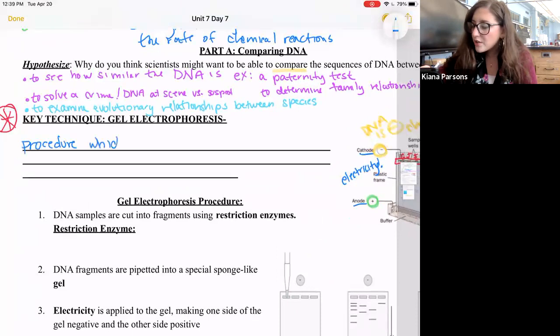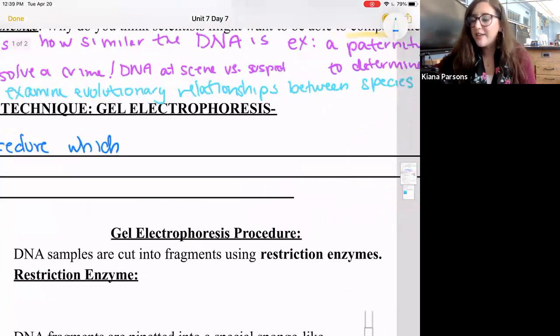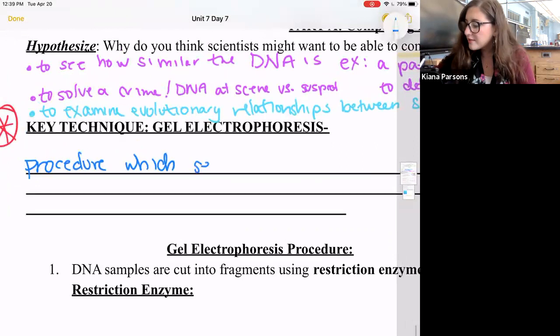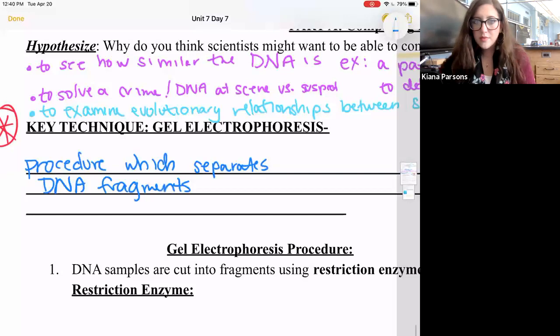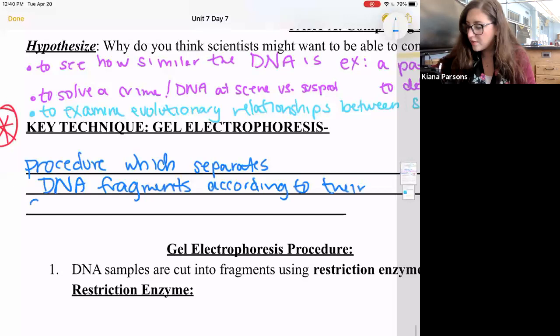which separates DNA fragments according to their size, using an electrically charged gel.